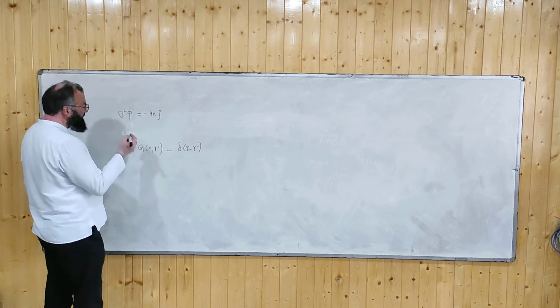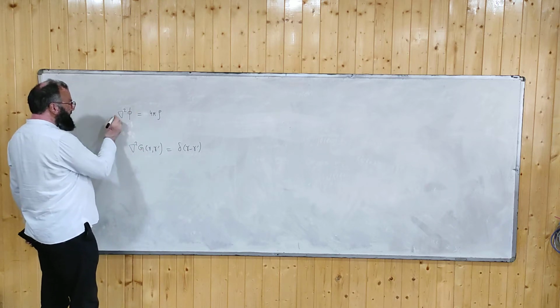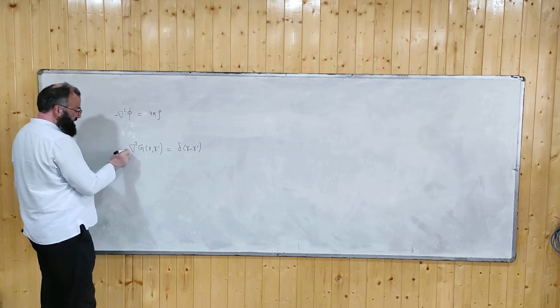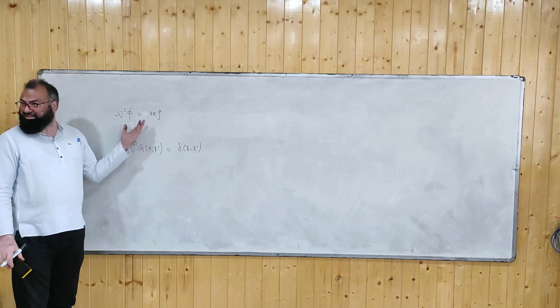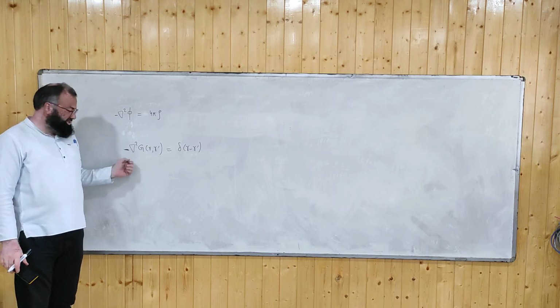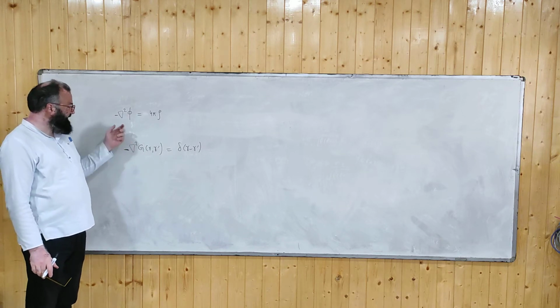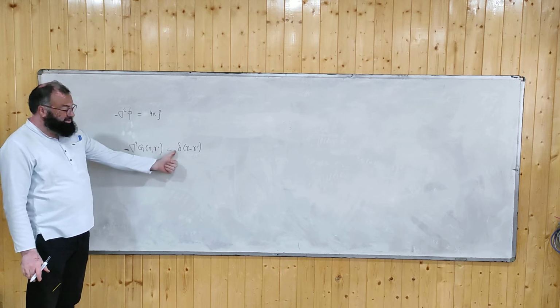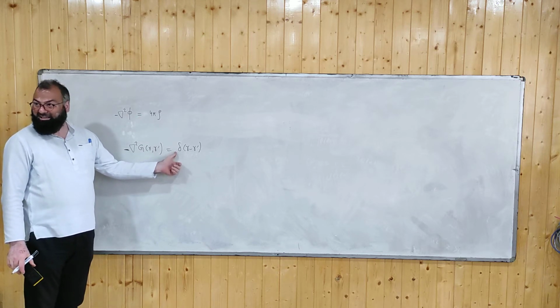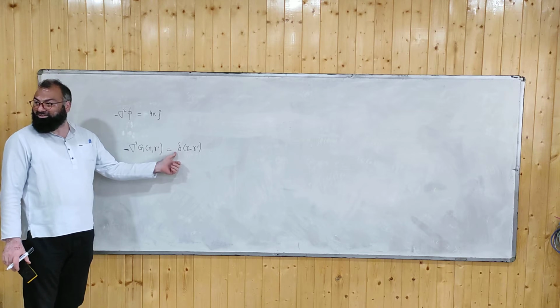So what will I do? I'll put this minus sign here. So that means I have minus like this. Is it the same thing? I have just changed the minus sign so that I can define it. Now if you have a Poisson equation, del squared phi, you introduce a minus sign here because you have a minus sign. Can I do it that way?